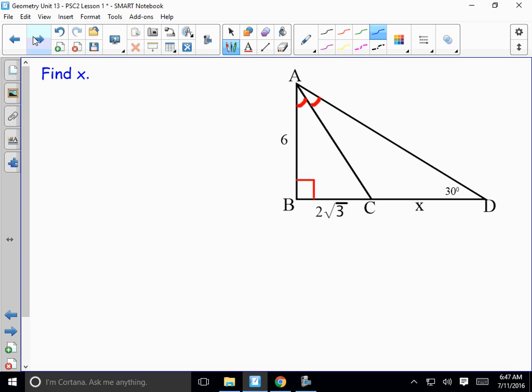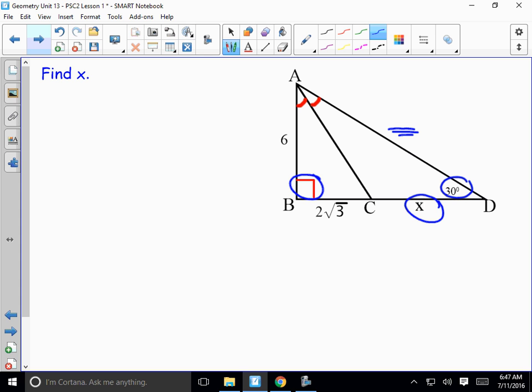Now, what we can do is ask you to use some of your previous knowledge. If you notice this triangle, we've got a 30, 90. So up top here, this has to be a 60 as well. So we've got a 30, 60, 90 triangle, and we are trying to find x. Normally, we would need this length right here. We can find that length.